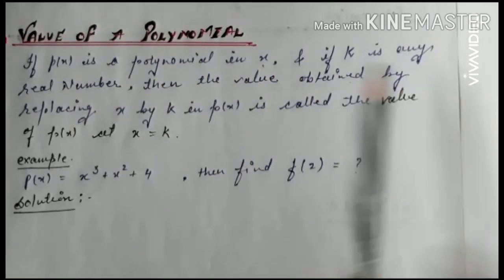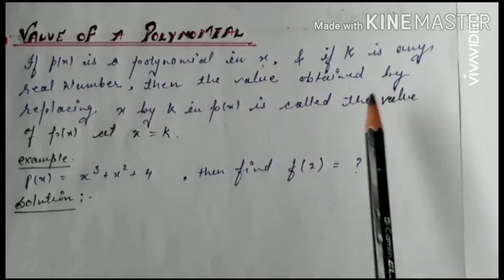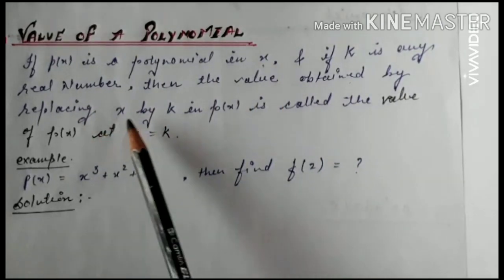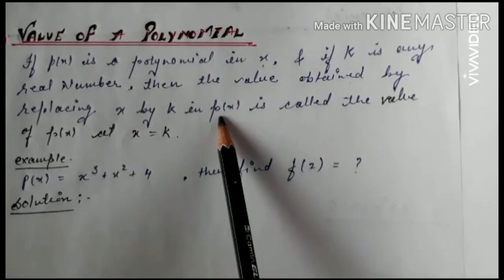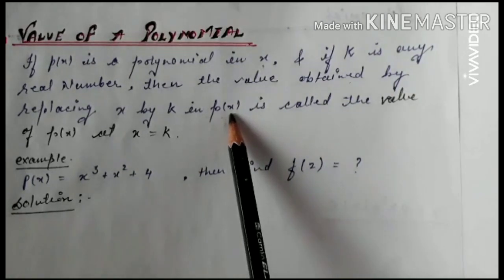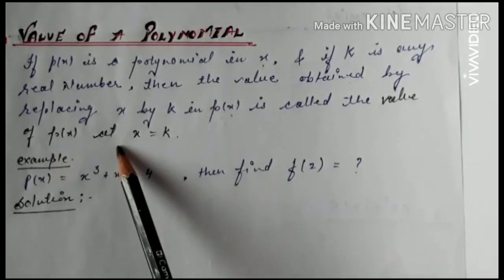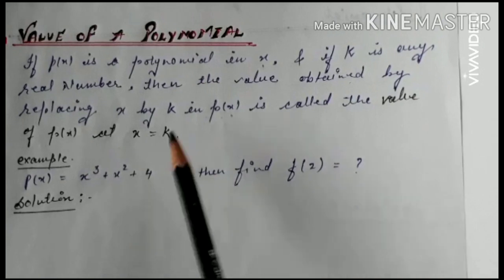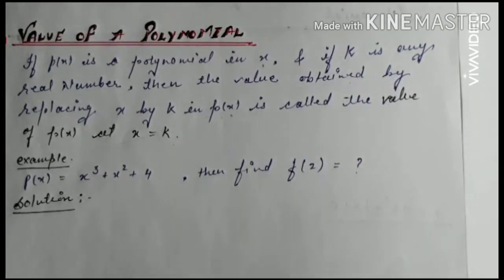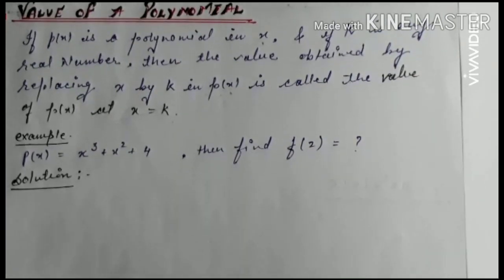If k is any real number, then the value obtained by replacing x by k in p(x) is called the value of the polynomial at x equal to k. This is a type of definition, but we will understand it with the help of a question.